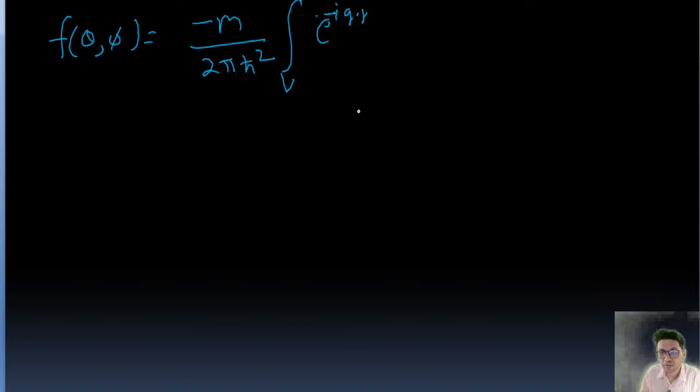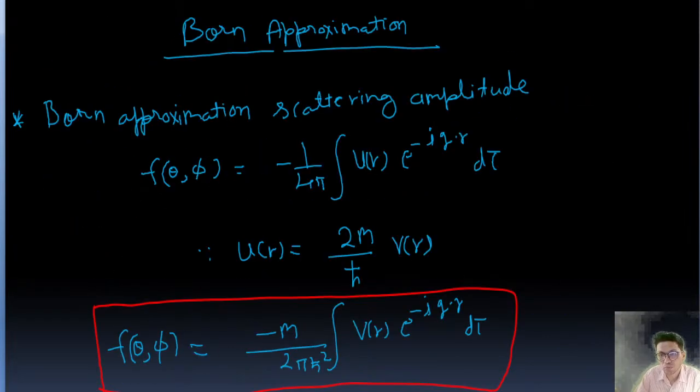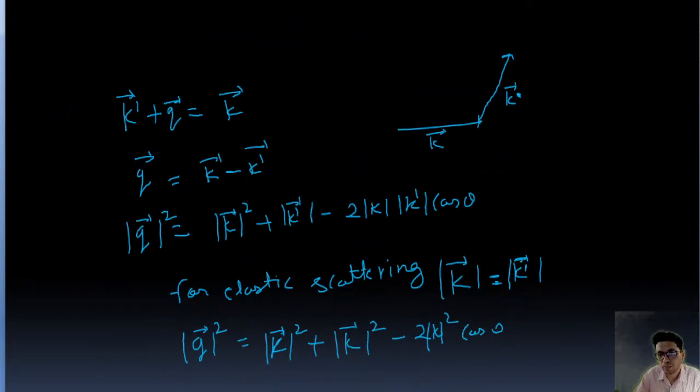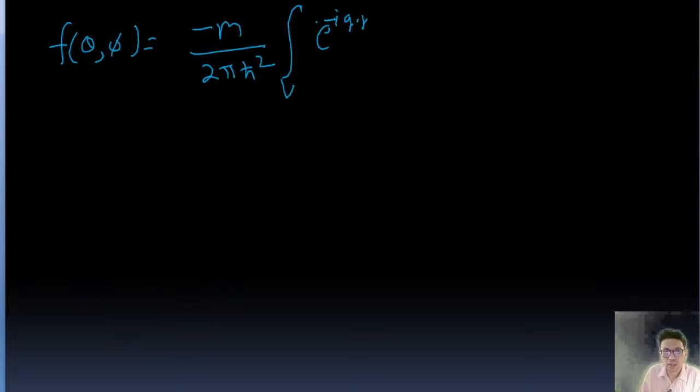And that volume, this is because this is Vr, right? I'll show you. Vr and then e to the power this, and the Vr value is given to us, and that is this one, q dot r. The Vr value is this v naught a to the power 3 del cube r minus ri.